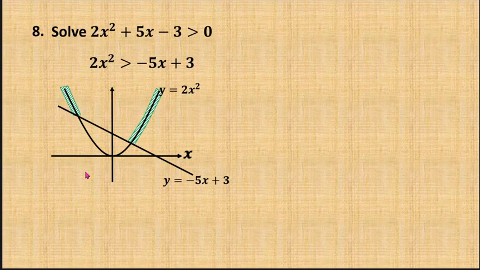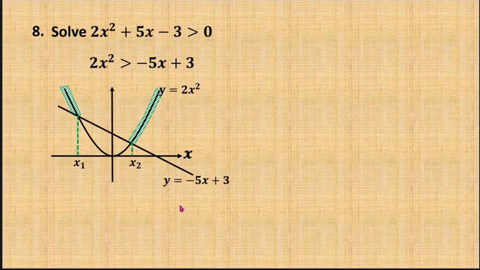Therefore, the solution should be the range of values of x which is less than a value x1, or the range of values of x which is greater than a value x2. Now I'm going to find the values of x1 and x2.